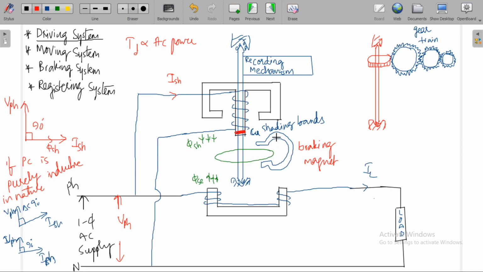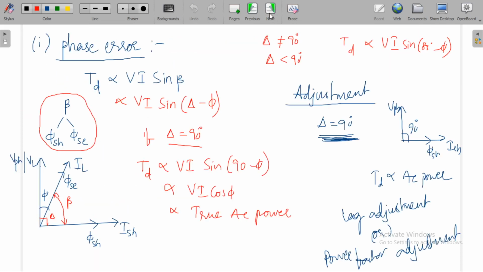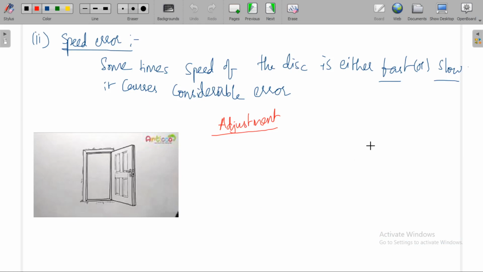This is used to maintain the speed of the disk constant. We can change the position of this braking magnet to control the speed of the disk. Here you are going to have a disk, and I'll draw it.